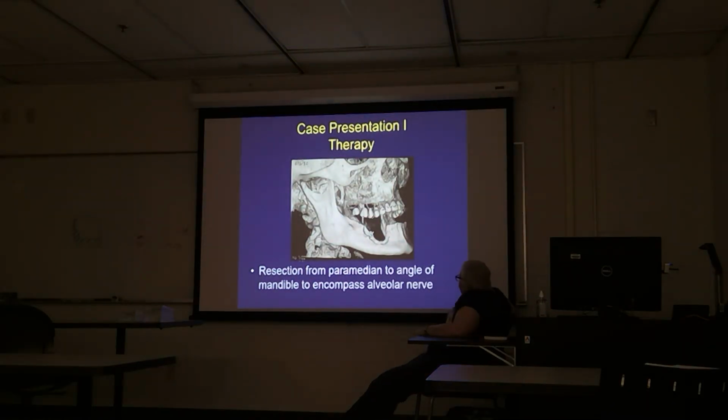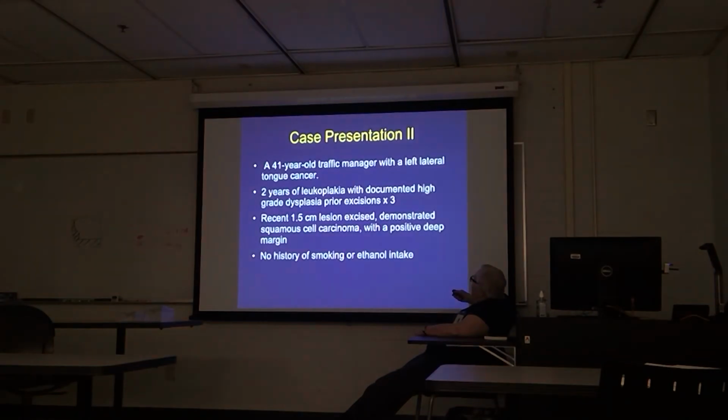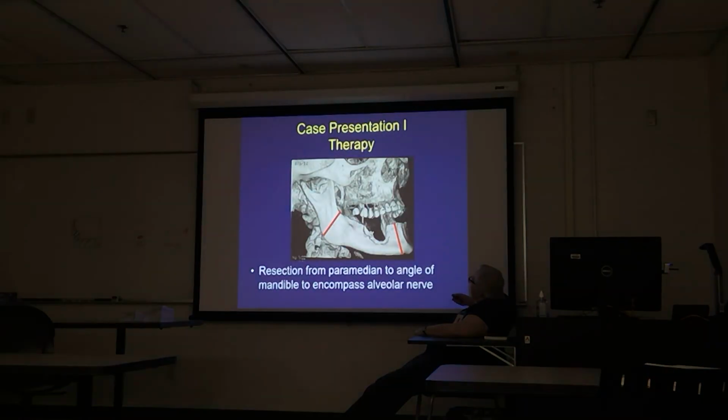So resection from paramedian to angle of mandible to encompass the alveolar nerve. So they're taking away this and this, all of this.